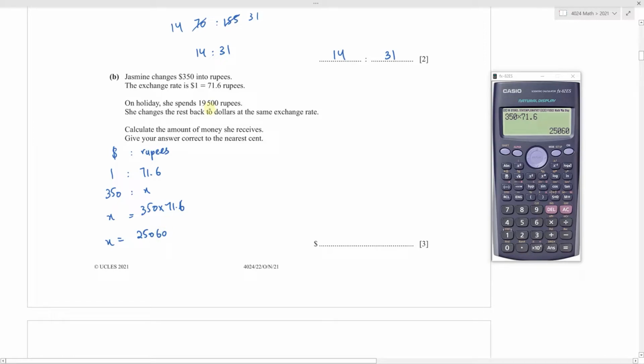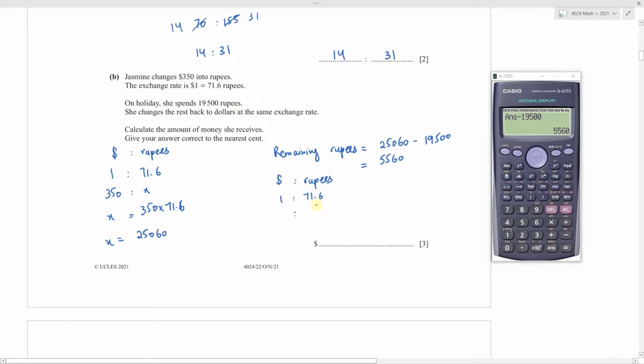So she spends 19,500. So remaining rupees would be 25,060 minus 19,500. So 5,560 rupees that she converts back to dollars. So again, dollar ratio rupees 1 ratio at the same rate 71.6.